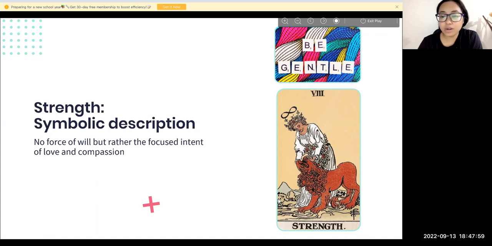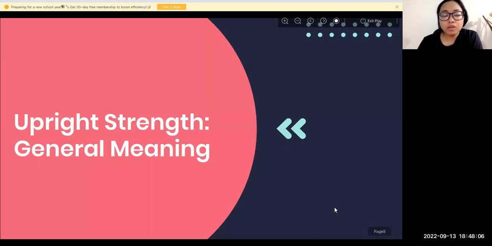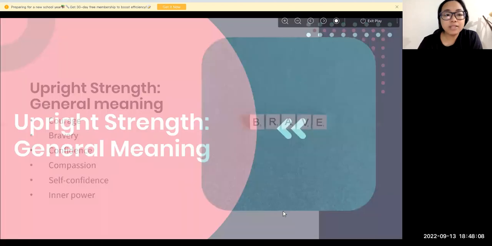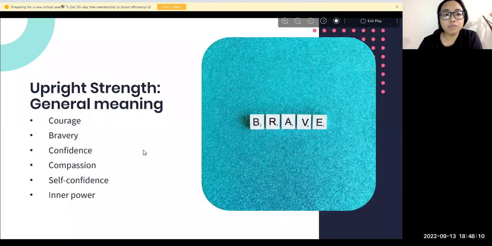And also see there are trees around, which means, as I already told you, she's deeply connected with Mother Earth or nature. So now the strength, as a meaning in a bullet, if you remember, strength का general meaning क्या है? Courage है, bravery, confidence, compassion, self confidence, and inner power.